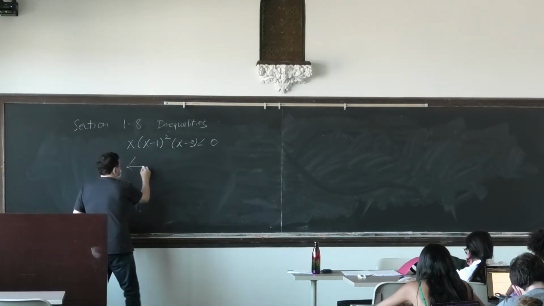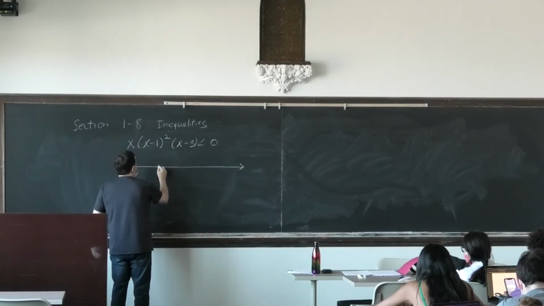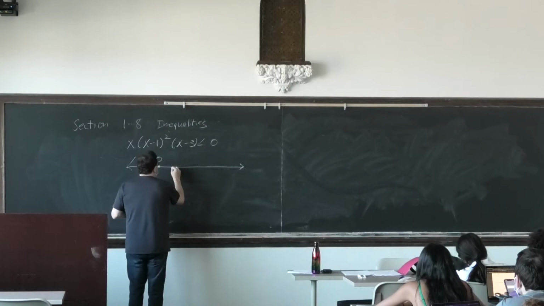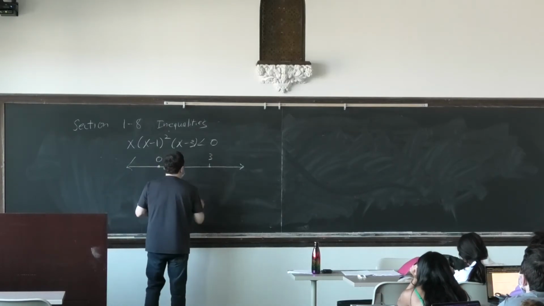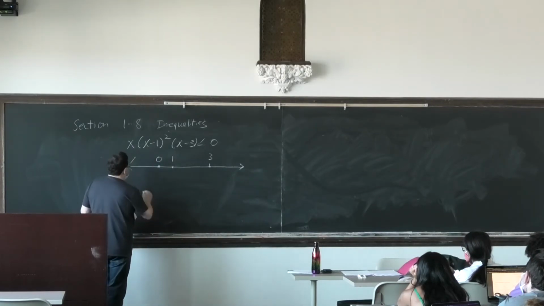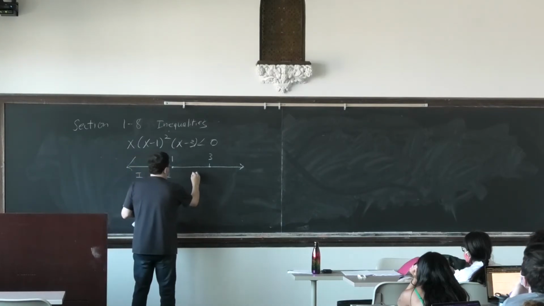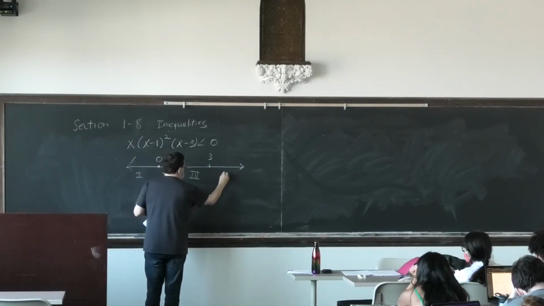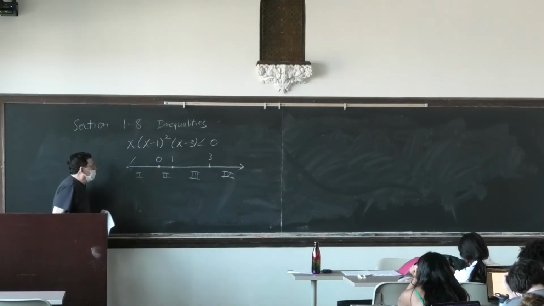So we already know that the critical points are going to be 0, 1, and 3. Well, we've got a bunch of regions here: 1, 2, 3, 4. And we're going to have to evaluate each one of these regions.